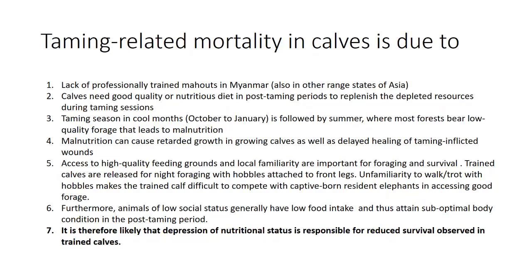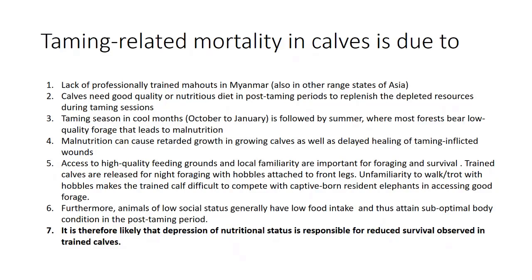So a school or training workshop should be set up in each and every range state. This is what I would really like to see in the future. To produce professionally trained mahouts, and whatever you train, positive reinforcement or traditional training, the calves need a good quality, nutritious diet in the post-taming period to replenish the resources depleted during taming sessions.